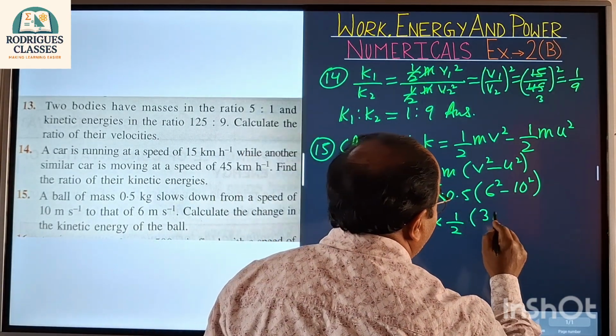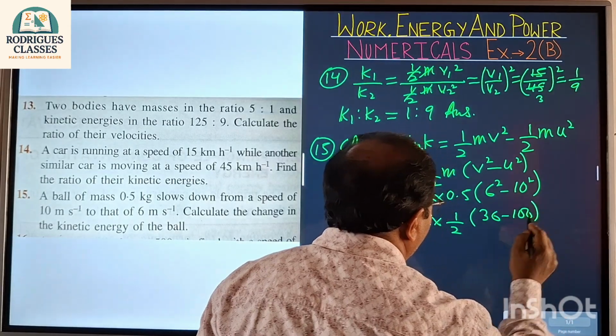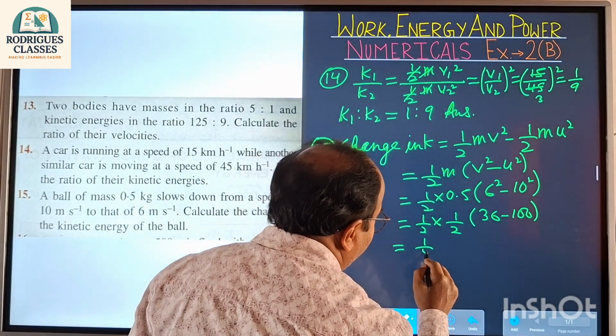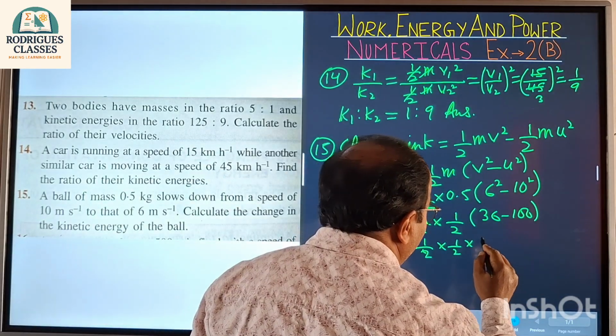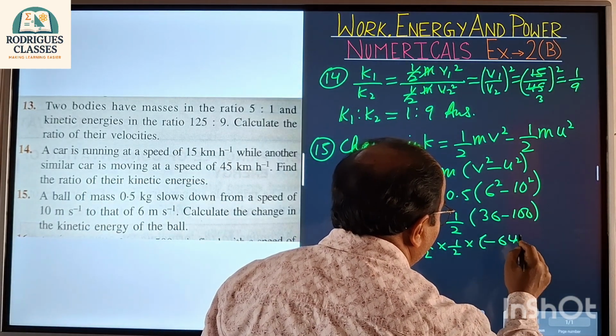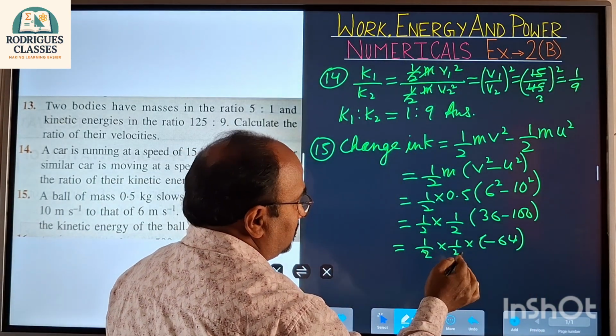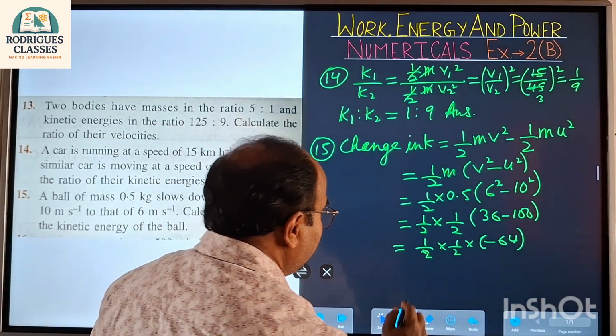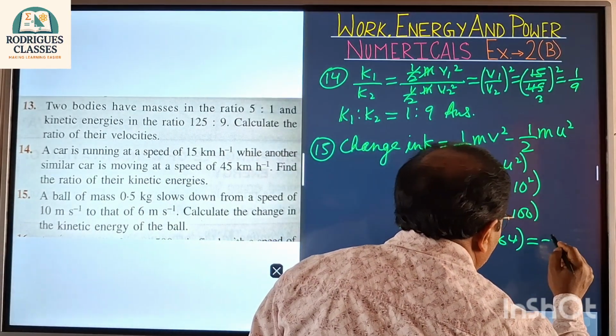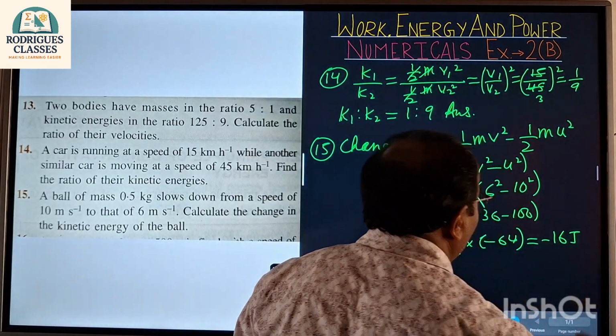And this is 36 minus 100. So 1 by 2 into 1 by 2 into this will give me minus 64. Okay, so this is 4, and 64 divided by 4 will give us 16. Okay, so this will give me minus 16 joule.